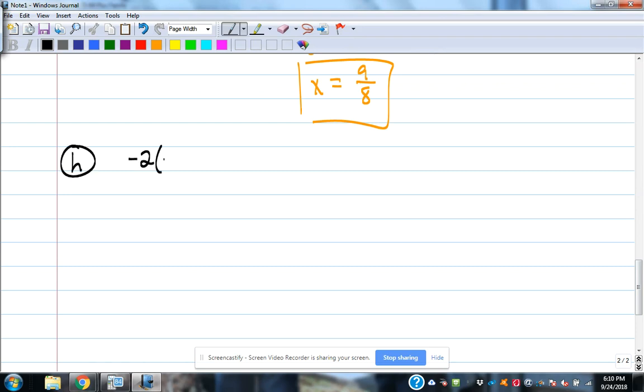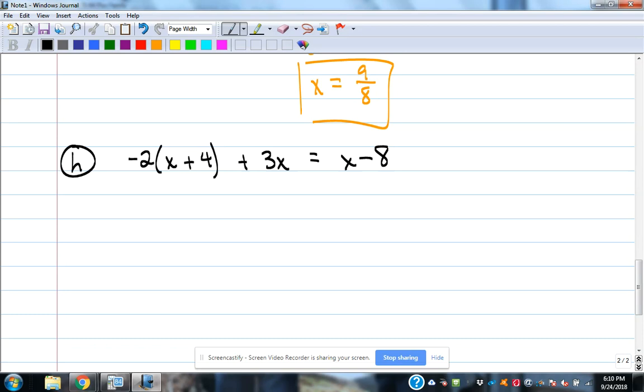All right, so let's throw some of that distributive property back in there. Now, look at another interesting thing that happens with equations sometimes. This has got a lot of stuff going on.